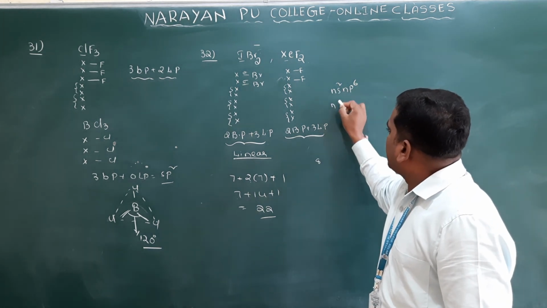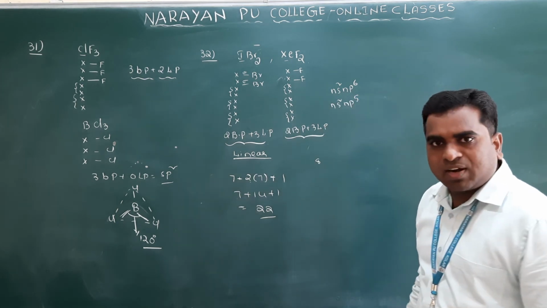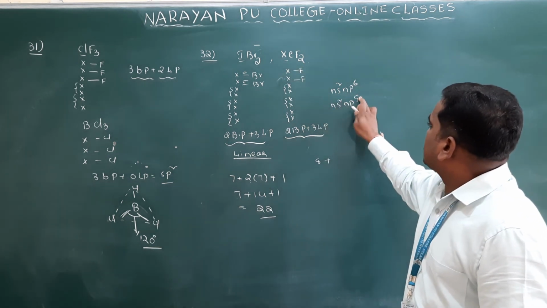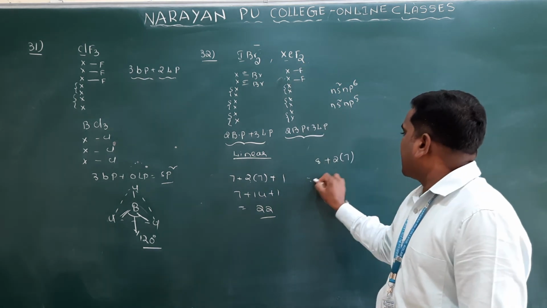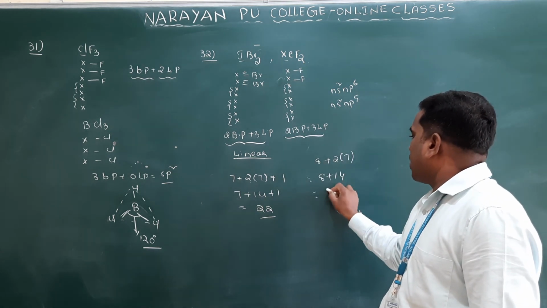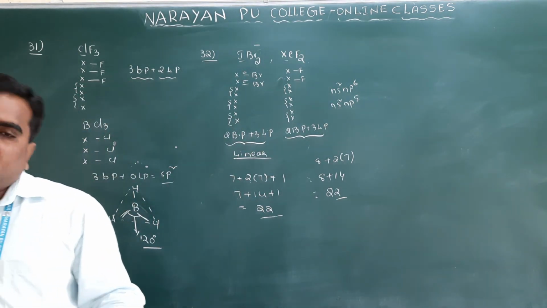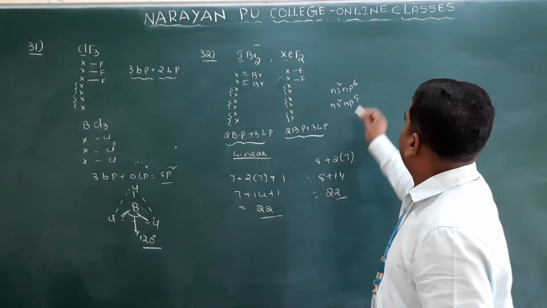If I take halogen, ns2, np5, how many electrons are there? Valence electrons 7. So for fluorine, a halogen, 2 into 7, since 2 fluorine atoms are there, and 8 plus 14, total how many? 20. So that's why option 3 is the correct one. You can check the remaining also in the same way.